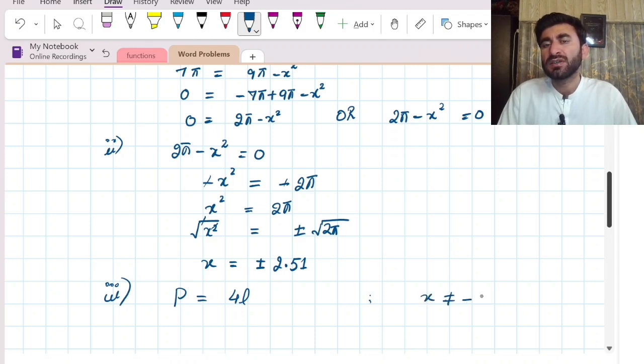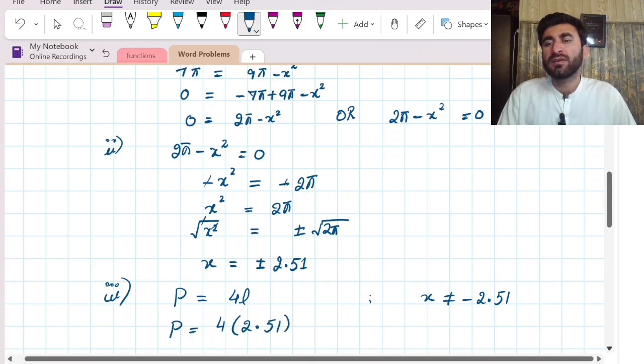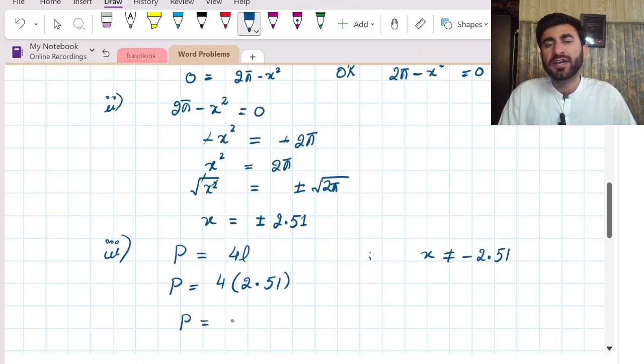Length cannot be negative, so the positive value of x should be used here. 4 times 2.51, and when we multiply it, the perimeter of the square comes to 10.04 centimeters. So that was the first problem.